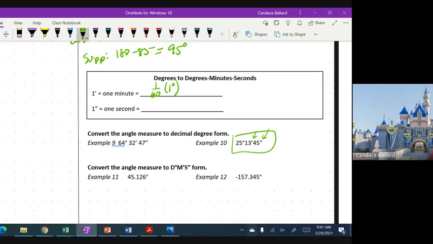1 second is like taking the degree and dividing it by 3,600, or it's 1/3600th of a degree. I can barely read it. I'm sorry. Let me try a different color. 3,600. There we go.